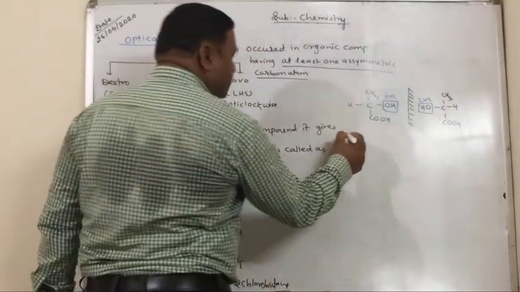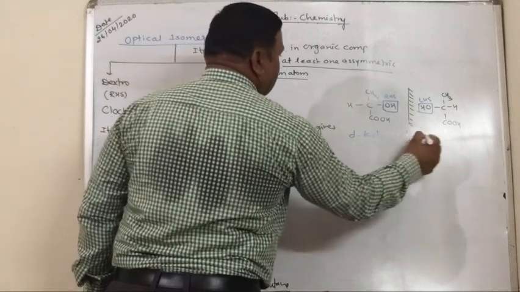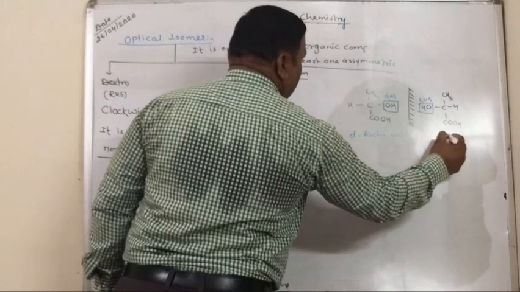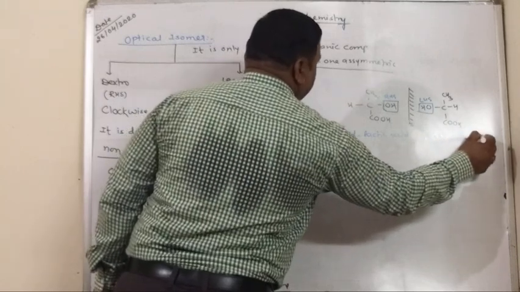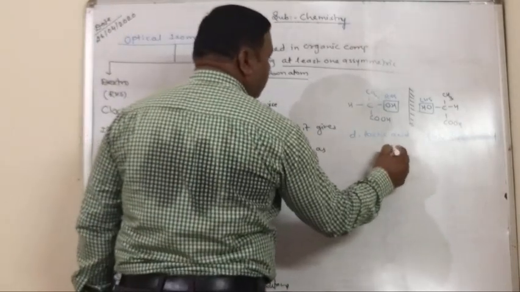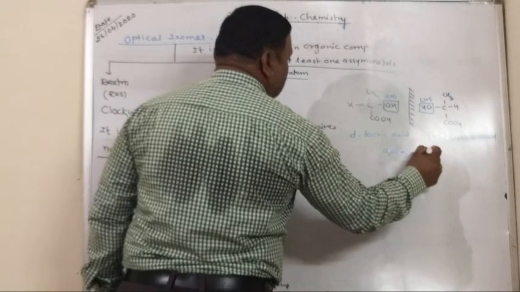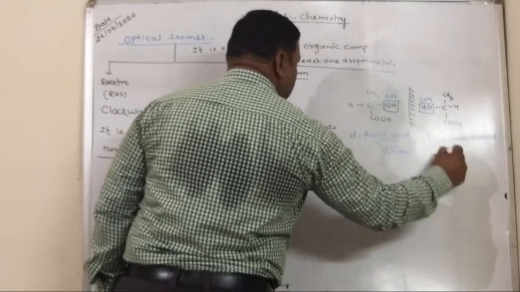Okay. So this is dextro lactic acid and here levo lactic acid. So dextro and levo lactic acids are optical isomers. Any issue? It is understood?